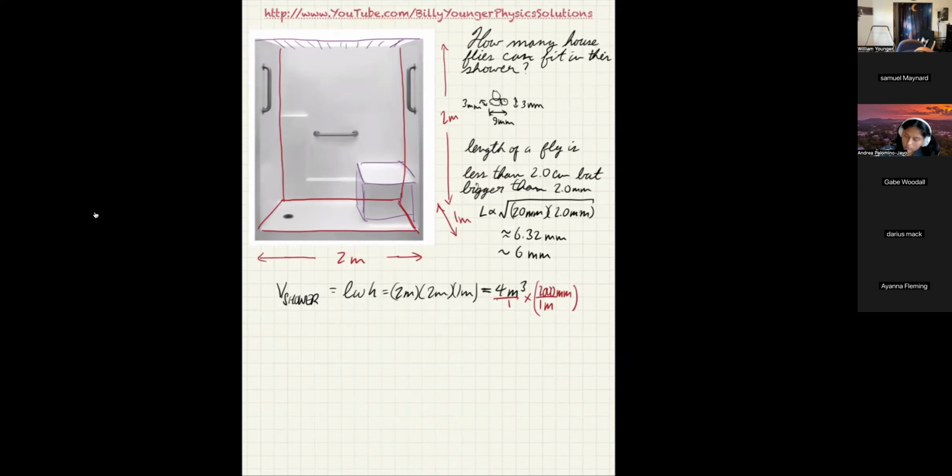But the meter's actually cubed, so I've got to do that conversion factor 3 times. So I've got to multiply it by 1,000, by 1,000, and by 1,000. That's literally multiplying by a billion. So the answer is going to come out to be 4 times 10 to the 9th cubic millimeters.